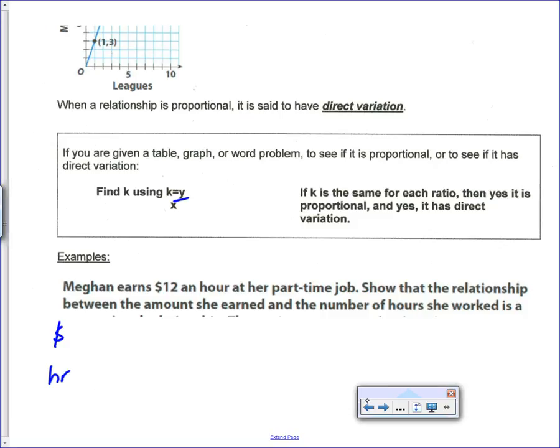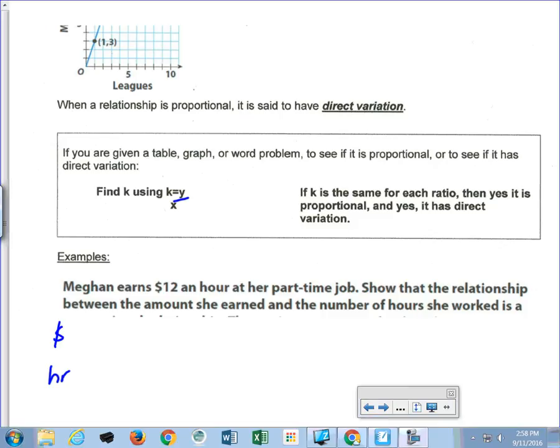So what we would do here is just set up a table. I'll read the rest of the problem. Show that the relationship between the amount she earned and the number of hours she worked is a proportional relationship. Then write an equation for the relationship.